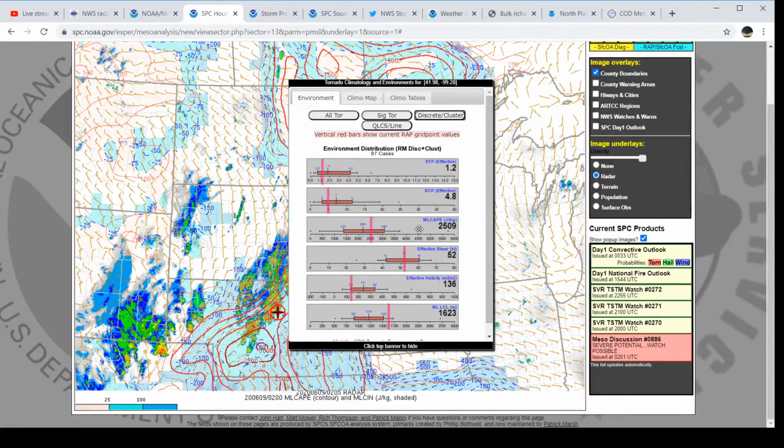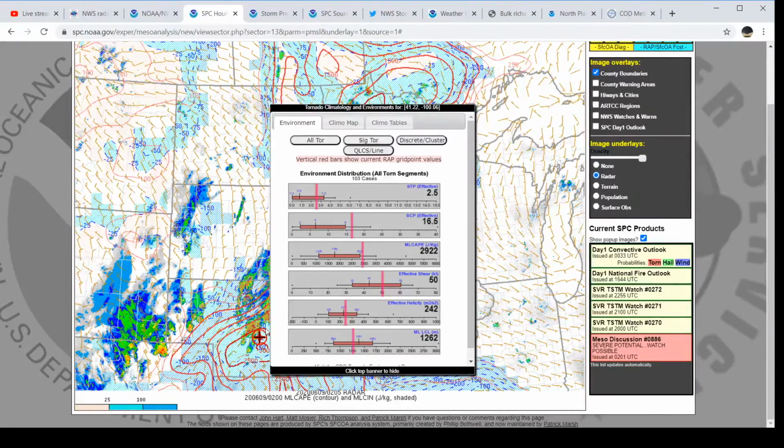Well, our CAPE is fine. Check down here. So our LCL heights are lower down here. See the box and whiskers. So this is in a pretty decent spot with plenty of effective helicity.